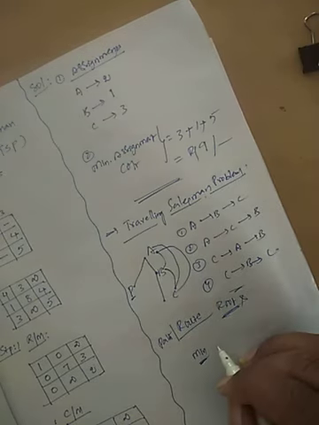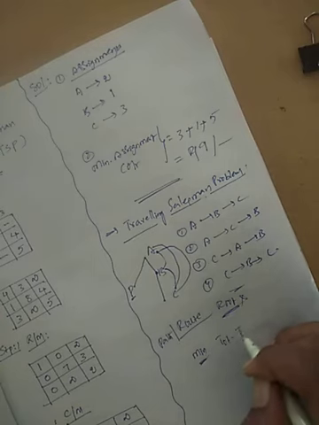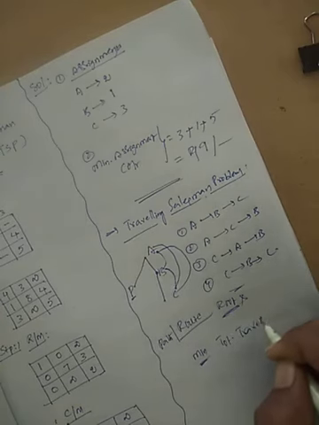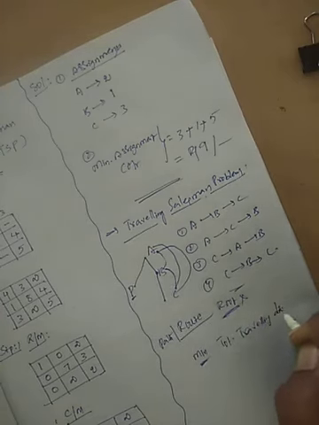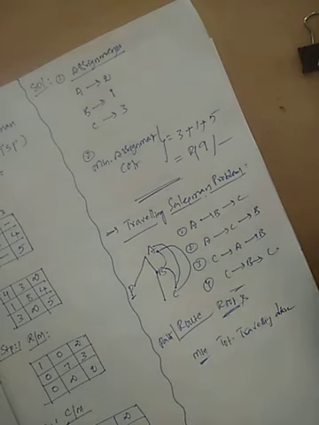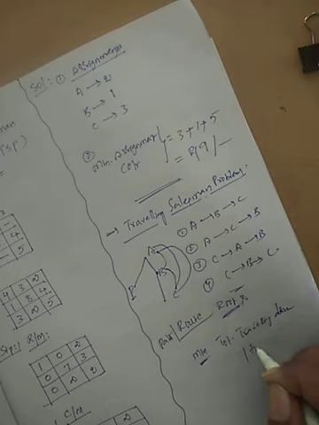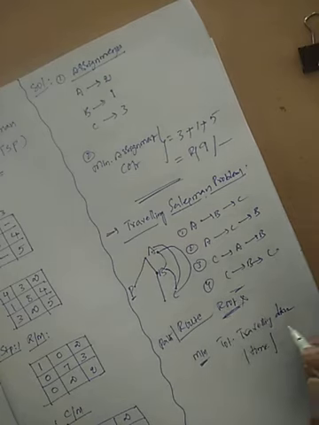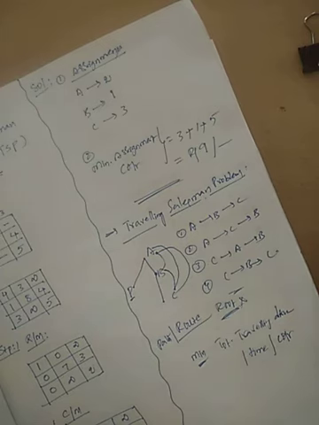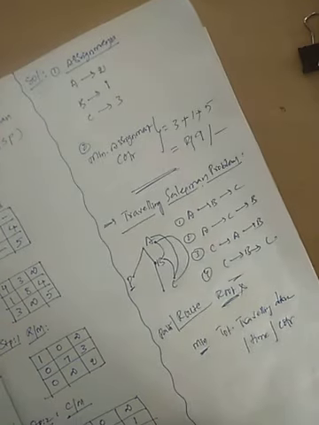Which minimizes total traveling distance, or else total traveling time, or else total traveling cost. All are related to cost only. So this is called the main objective of the traveling salesman problem.